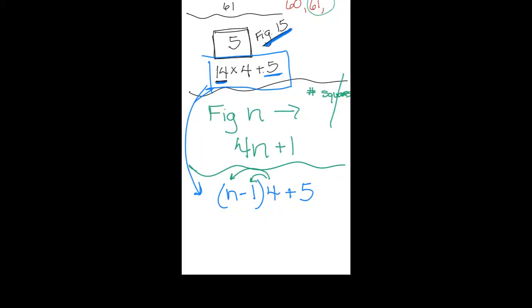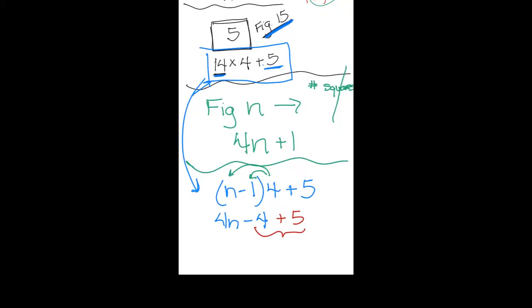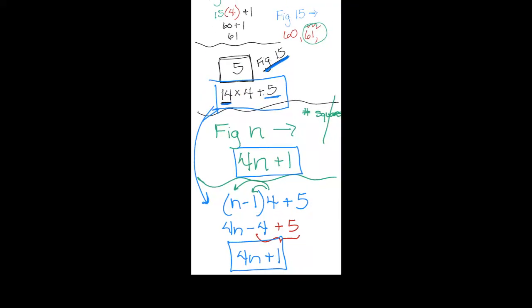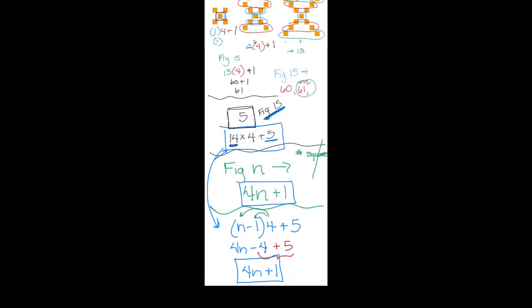That's going to be 4n minus 4 plus this 5, and then when I put these together, I'm going to get 4n plus 1. So the result is exactly the same, but the way you go about approaching it is a little different, but they simplify to be the same answer. Okay? Any questions about that?